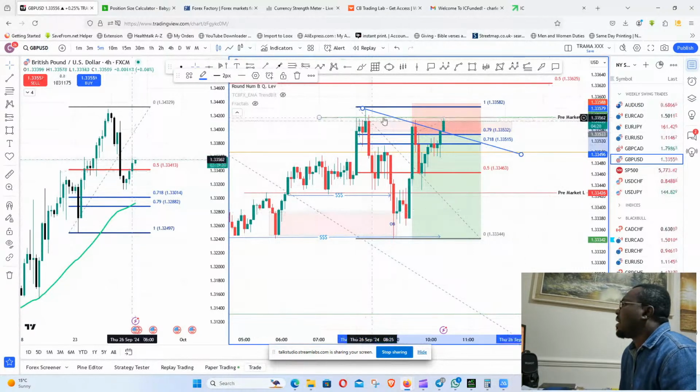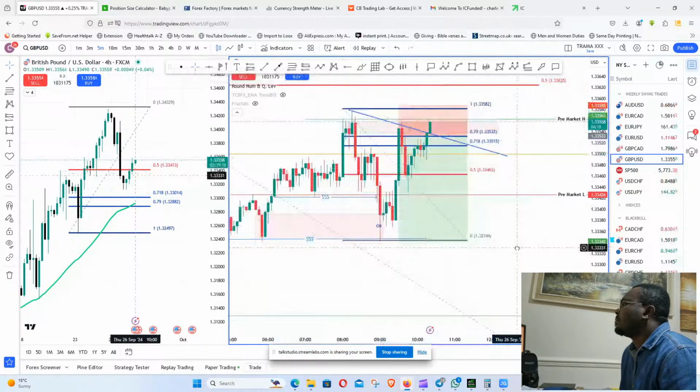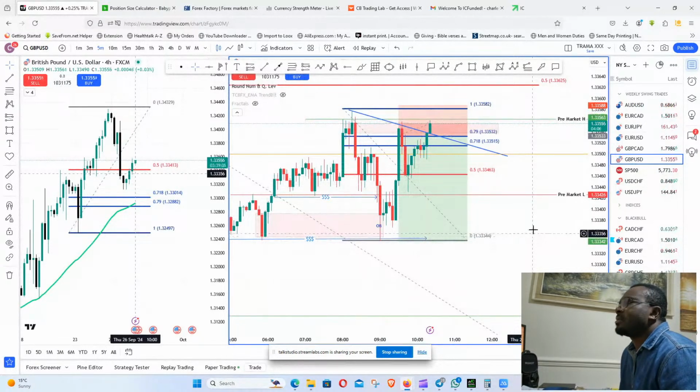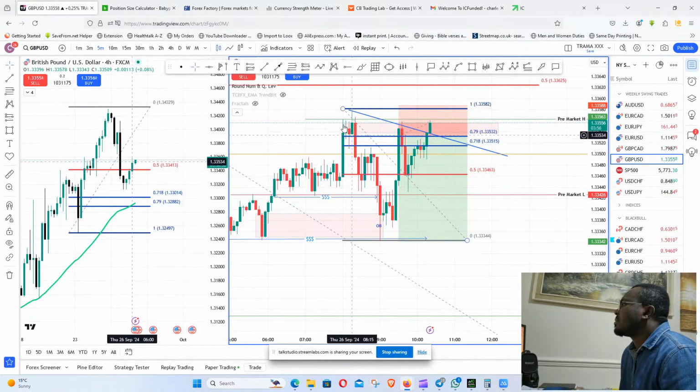Price just broke up. If that candle closed above that area, we're out. I'm not patient with my losses. If it closed above that area, we're out. If this candle closes, because I can tell there's going to be a reaction here somehow.